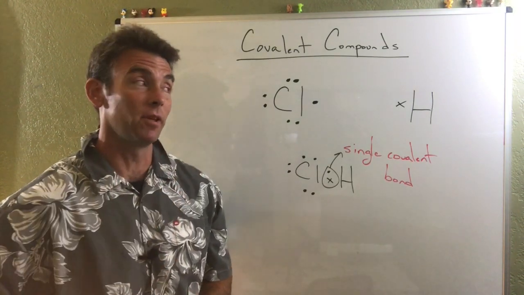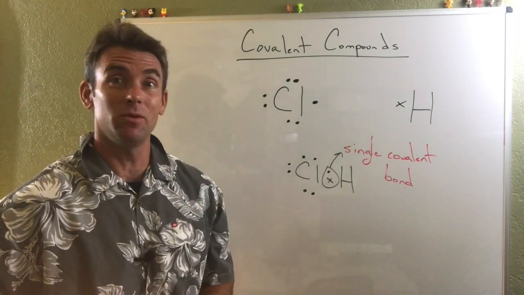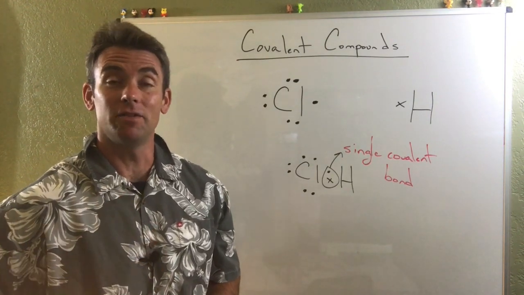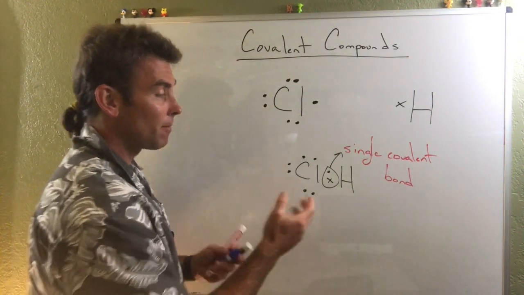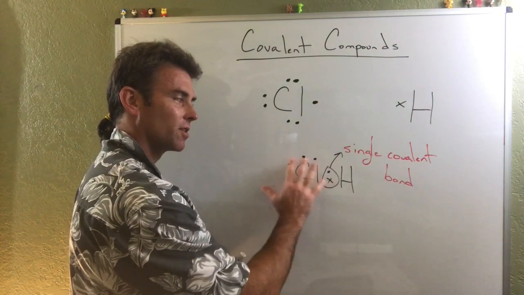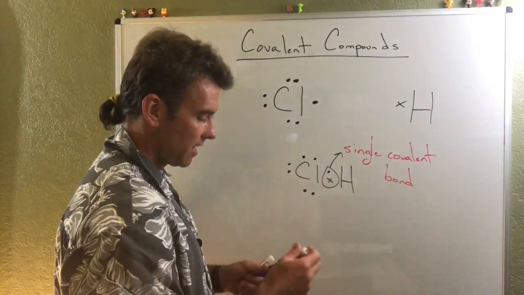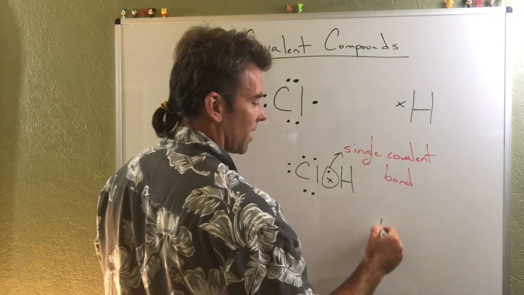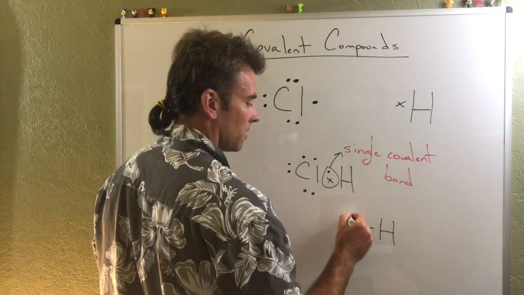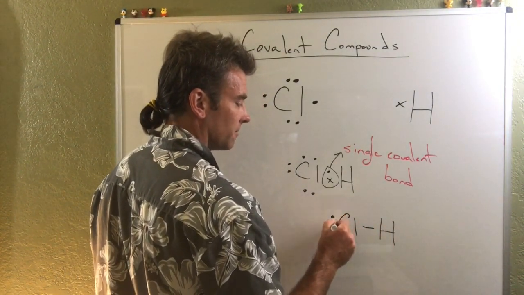That's one thing that's really important that you know: every time you see a bond, it involves 2 electrons. And the problem is that most of the time in a Lewis structure, you don't represent a bond like that. What you do instead is you draw a line between these 2 elements.